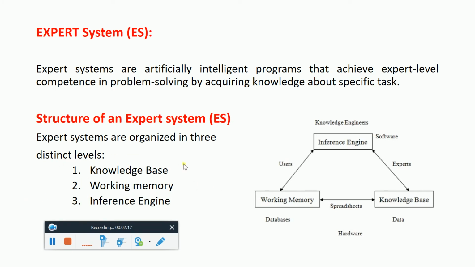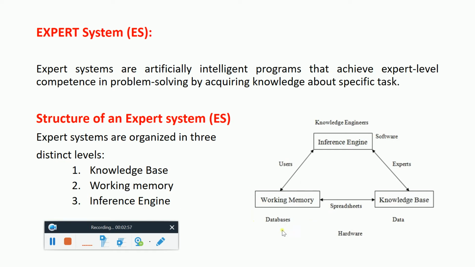The first level is knowledge base, the second is working memory, and the third is inference engine. This knowledge base basically consists of problem solving rules and procedures which are relevant to any problem domain, and it has been handled by those knowledge engineers. So usually in the knowledge base, knowledge is stored in the form of if-then rules.